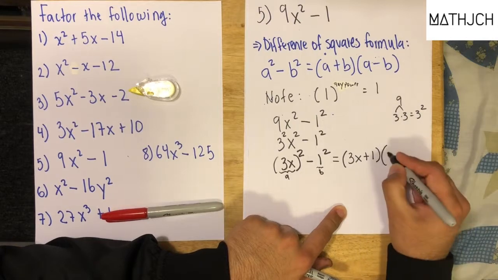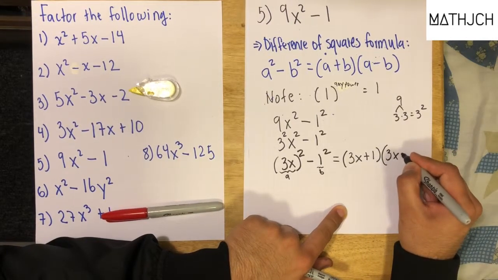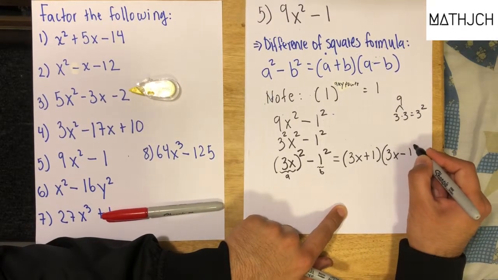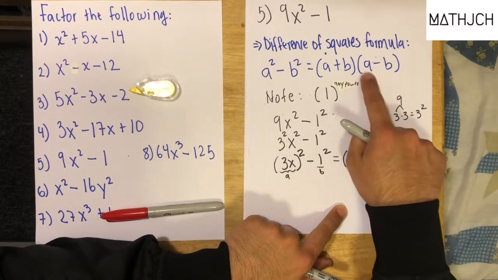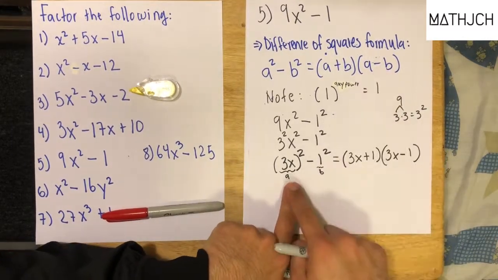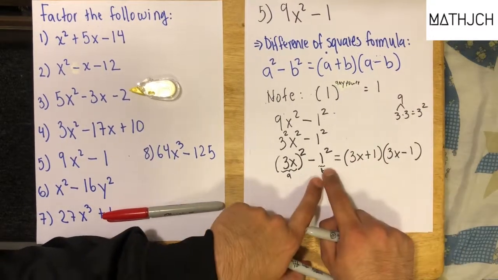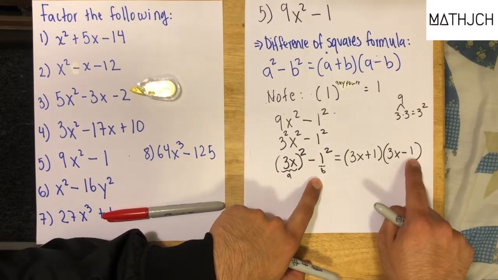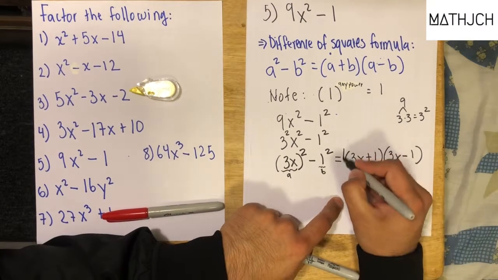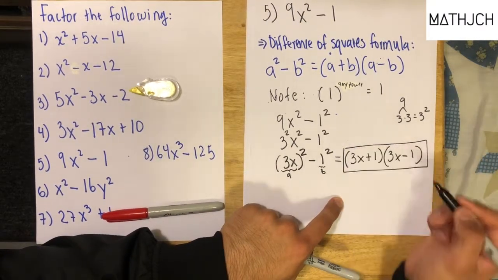But in this case, we change the plus sign with the minus sign, or a minus b, so a will be 3x minus b, and b is 1. And that is going to be our final factorization.